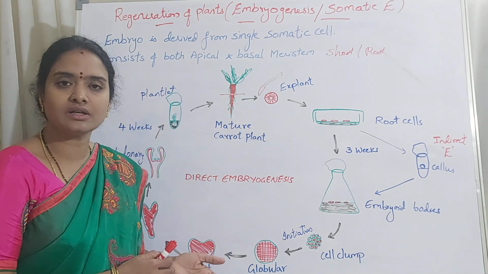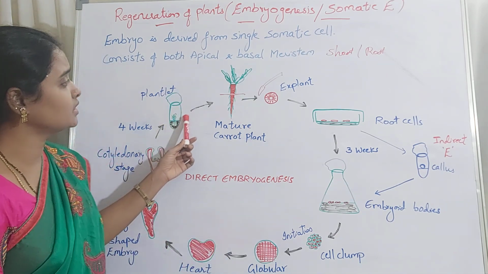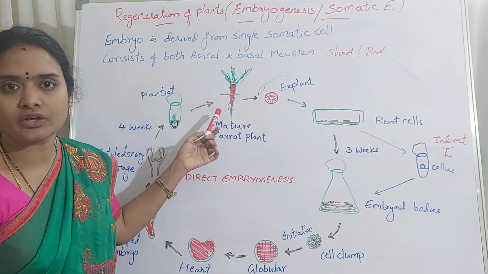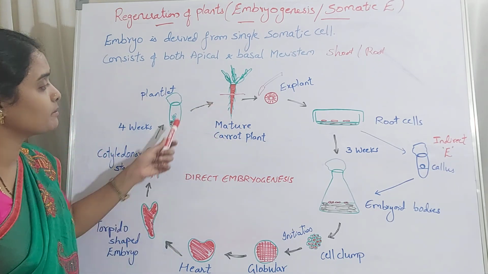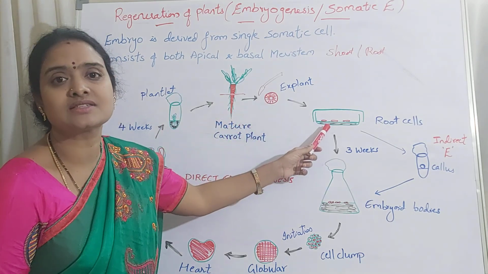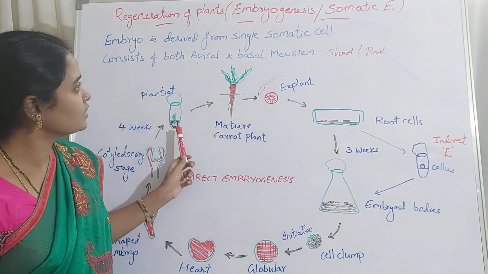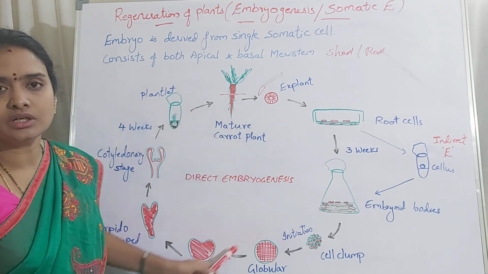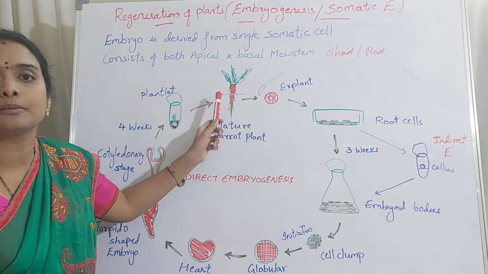Then from the greenhouse, it is planted into the soil. Like that you can produce a mature plant simply by using the somatic cell. By somatic cell culture you can produce a complete plantlet.